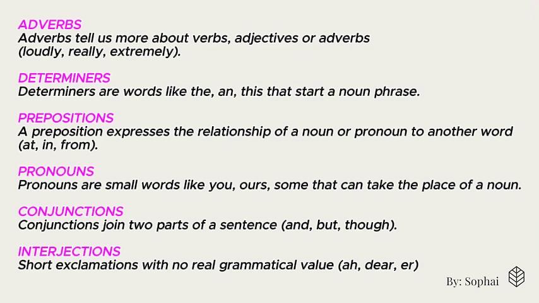Pronouns. Pronouns are small words like you, ours, some that can take the place of a noun. Conjunctions. Conjunctions join two parts of a sentence: and, but, though. Interjections. Short exclamations with no real grammatical value: dear.